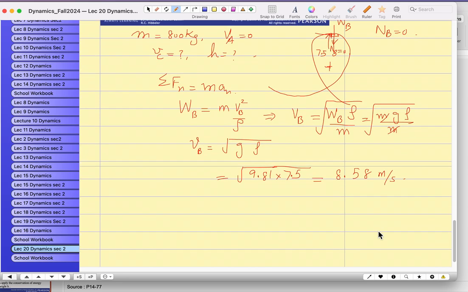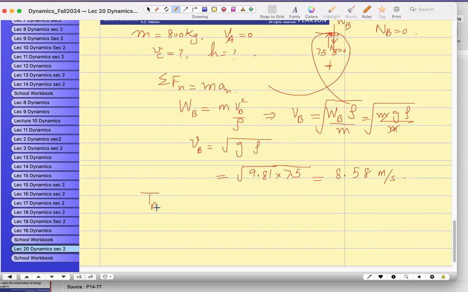And if you know this, then you can find the kinetic energy at location B, which is 29,432.8 joules.